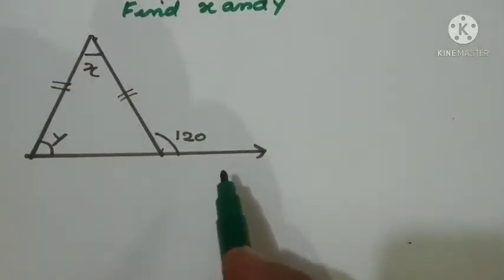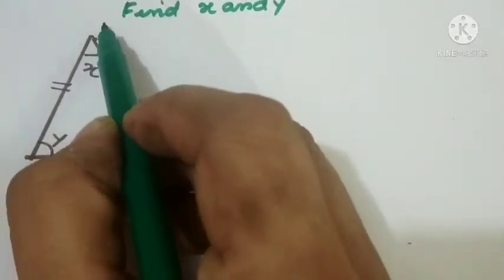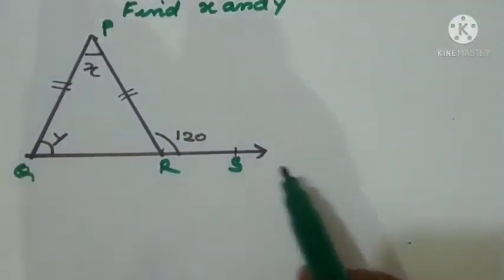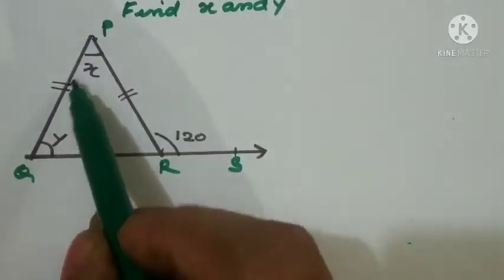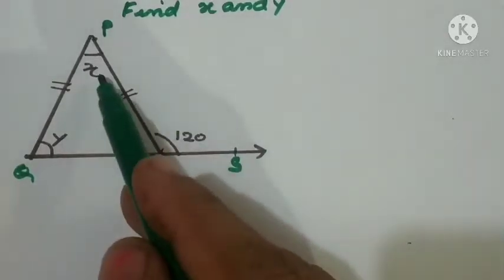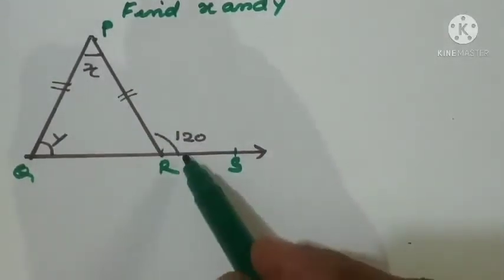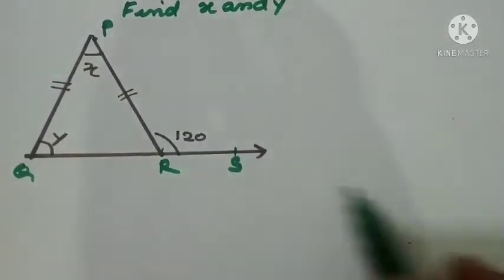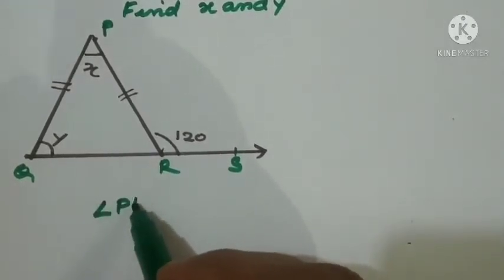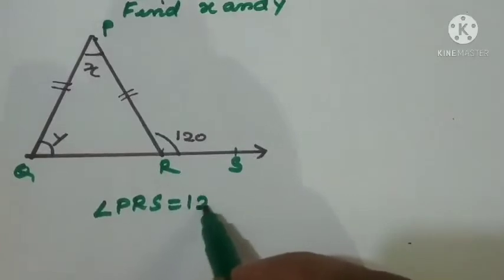Find x and y. Here also the name is not given, so I'll name it P, Q, R, S. Now what are the equal sides here? PQ and PR are equal, and we have to find x and y. What is given in the question? Angle PRS equal to 120 degrees.